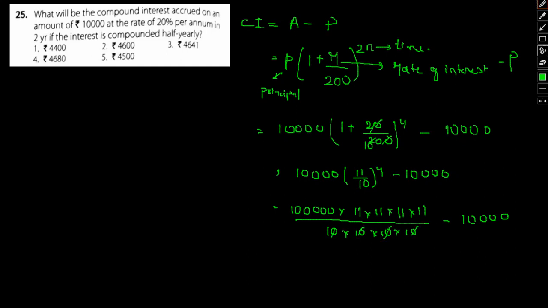Okay, I've added one more zero. 10,000: 1, 2, 3, 4. So this value, 11 to the power 4, is 14641, minus 10,000. That is the compound interest: rupees 4641. Option 3 is our answer.